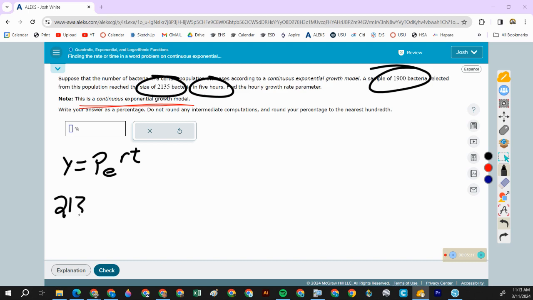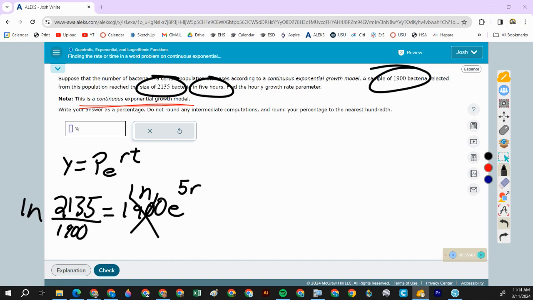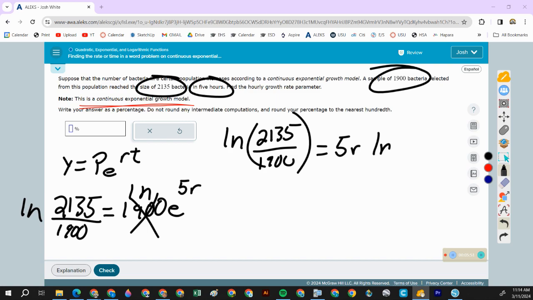So 2135 is equal to 1900 e to the 5r. So we divide by 1900, ln both sides. On the left, we have the ln of 2135 over 1900. And that's equal to 5r ln e.